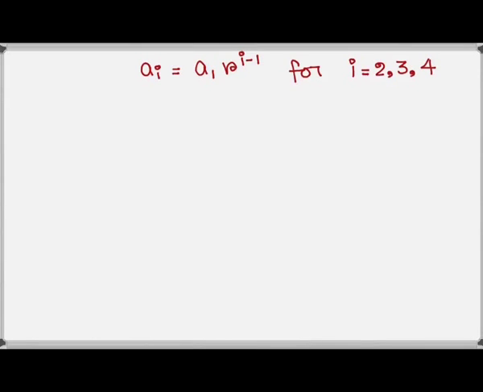Here this R is the common ratio of the geometric progression A1, A2, A3, A4.